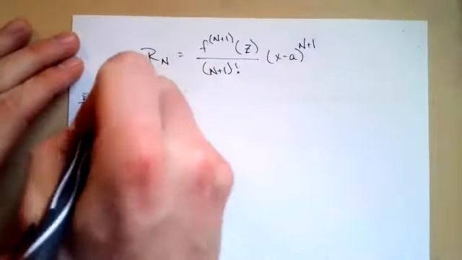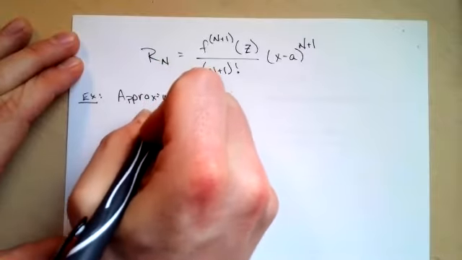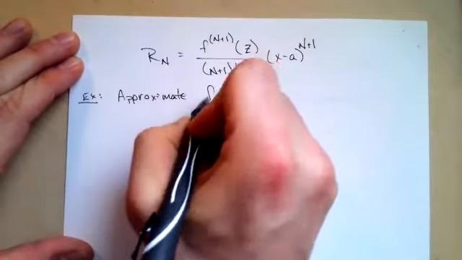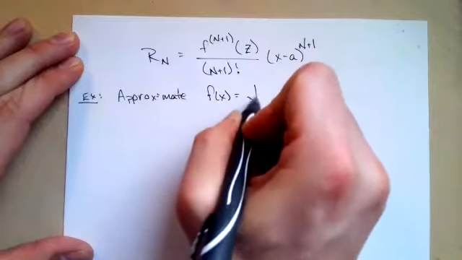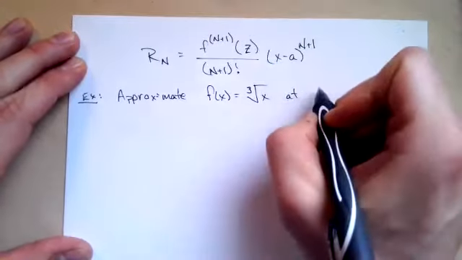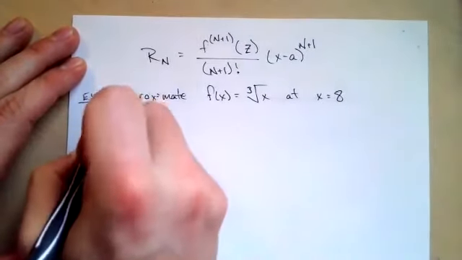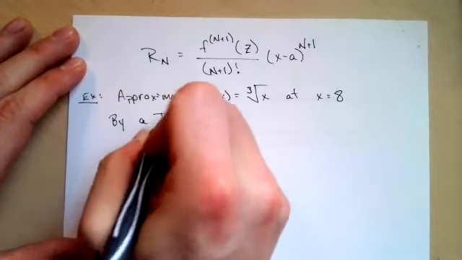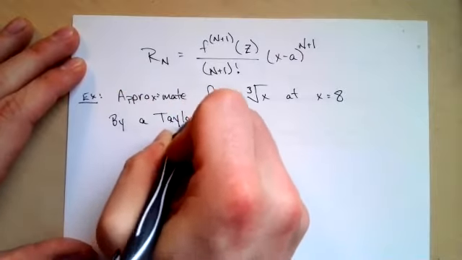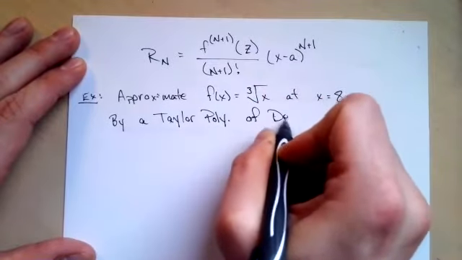Example: approximate f of x equal to cube root of x at x equals 8 by a Taylor polynomial of degree 2.